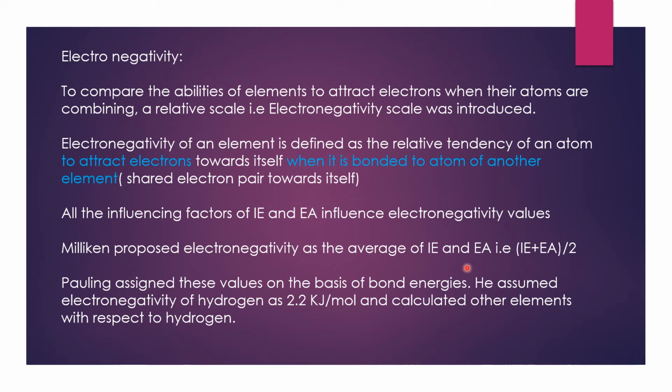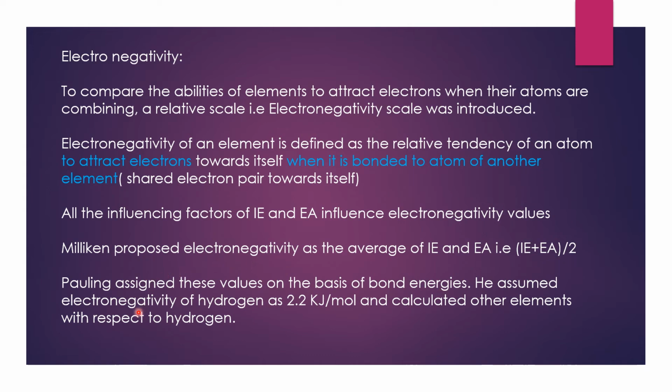This electronegativity can be calculated as the average of ionization energy and electron affinity, that is, IE plus EA divided by 2 is equal to the electronegativity of an element. So this was proposed by Millikan.